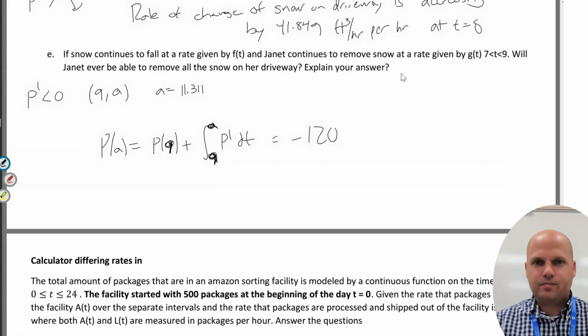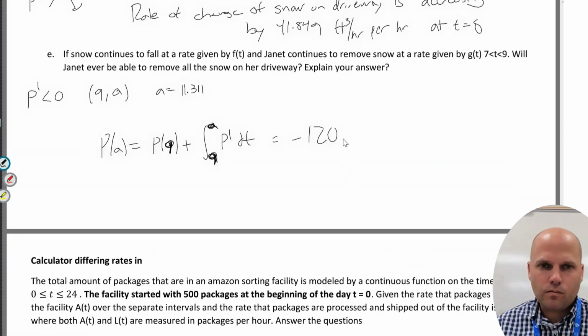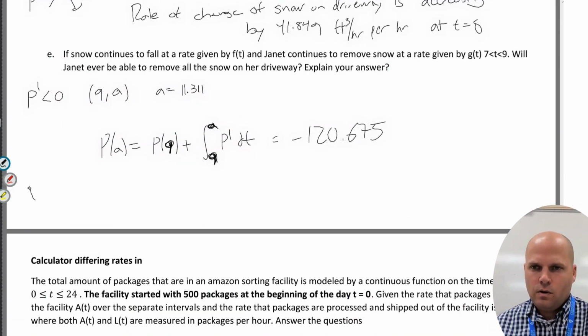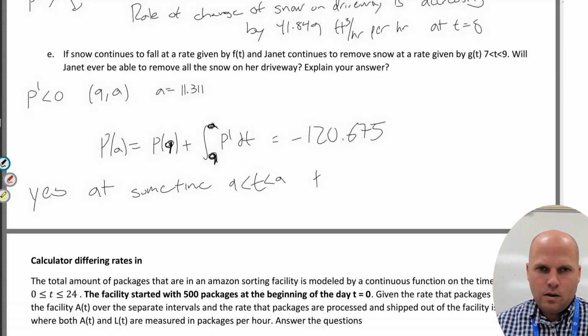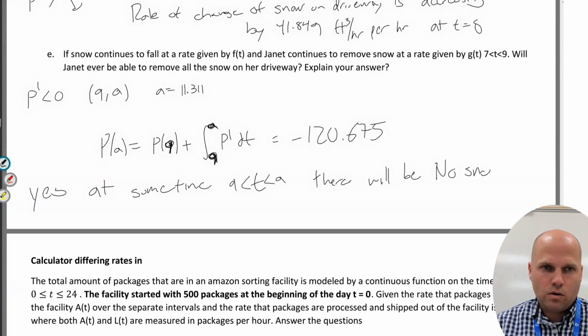But yes. At some time t between 9 and A, there will be no snow on the driveway.